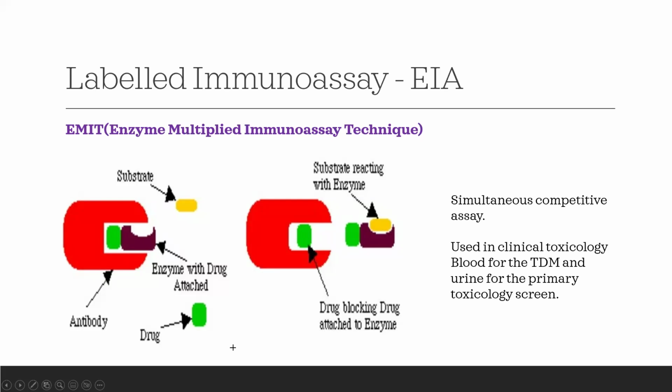So the higher the signal, the higher the concentration of the analyte. EMIT is used more often in toxicology screens or TDM, which is therapeutic drug monitoring. Yeah, it's more used in this area.